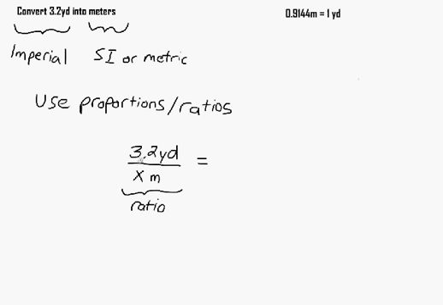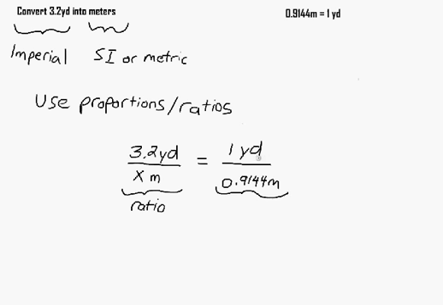So you write 3.2 yards over x meters equals, and on the other side, the other ratio, 1 yard over 0.9144 meters. And we know that the ratio on the left hand side of the equation is always equal to the same ratio on the right hand side.